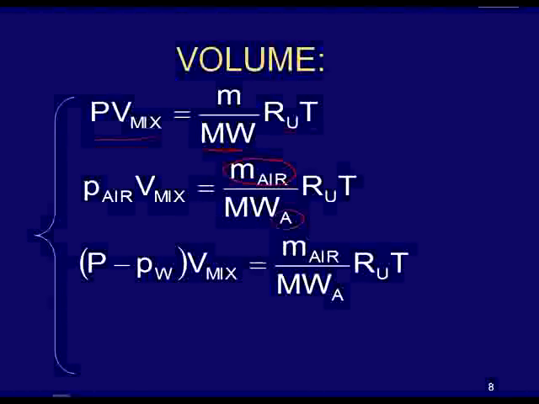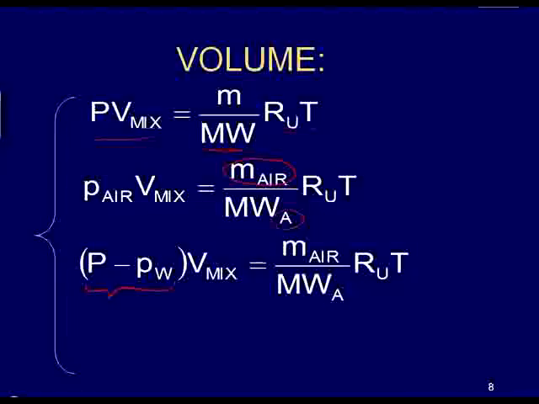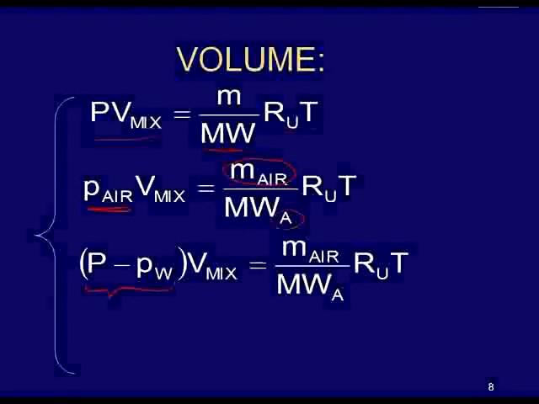But since the partial pressures add up to the total pressure, the partial pressure of the air is the total pressure minus the partial pressure of the water. What's left over is the air, so (P minus P water) times the volume of the mixture is equal to m of the air over the molecular weight, RT.